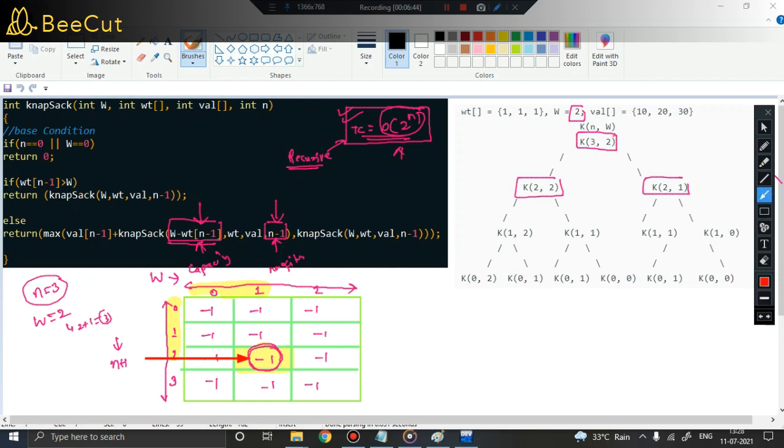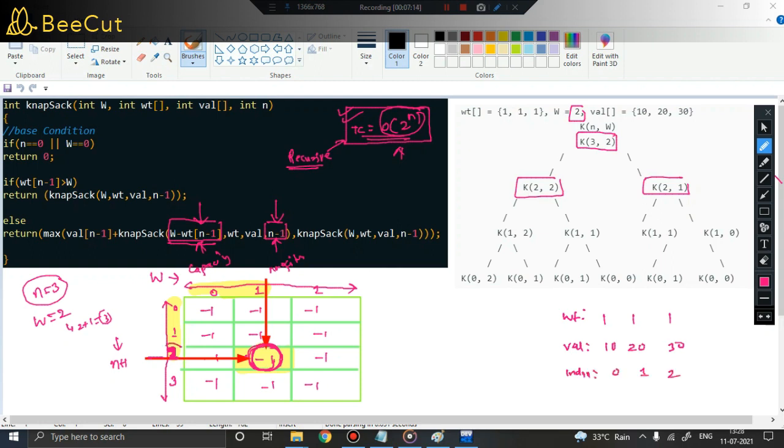So let me explain you how we detect the value of this cell. You will find out first of all in which row it is present. It is present in this index, second index, right? So let me write here the weight array, that is 1 1 1, the value array, that is 10 20 and 30, and the index has value 0 1 and 2.